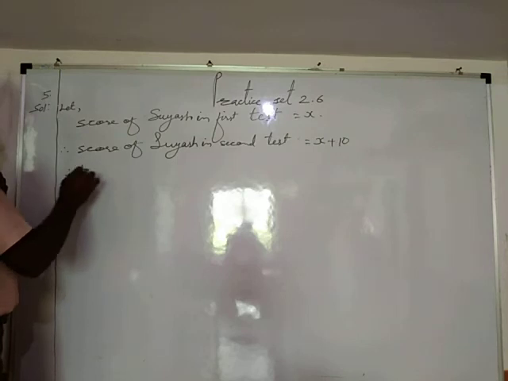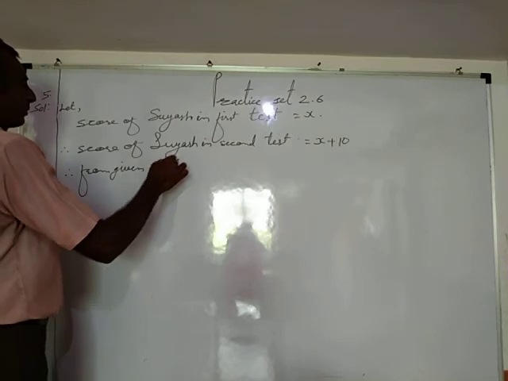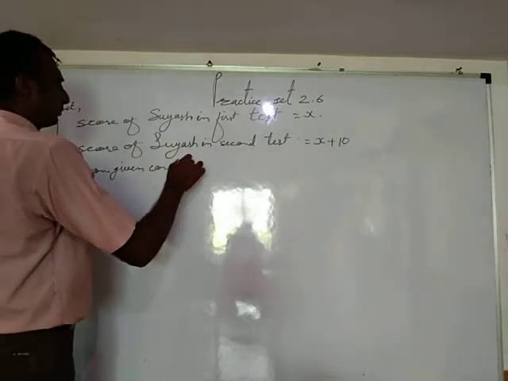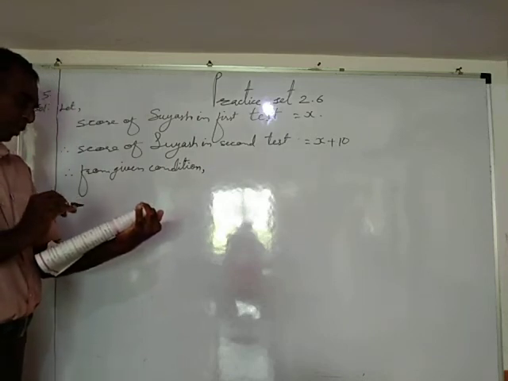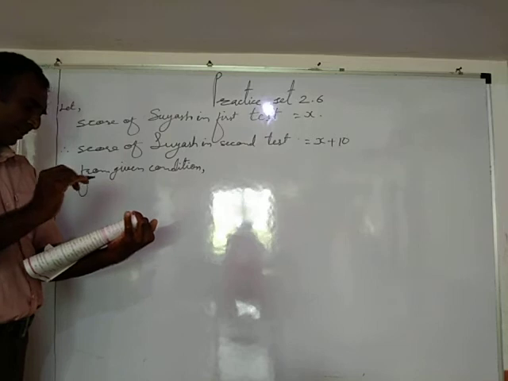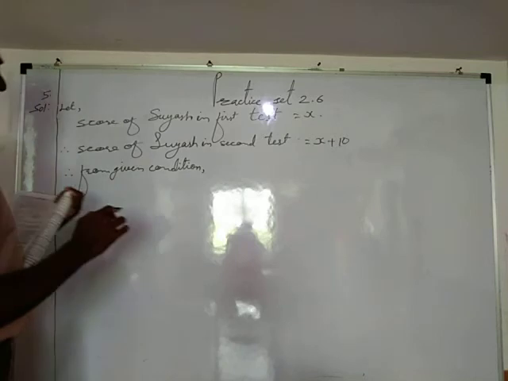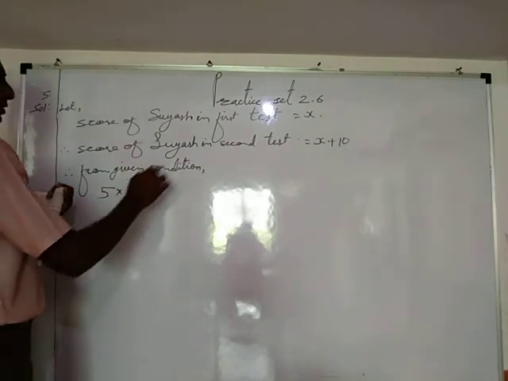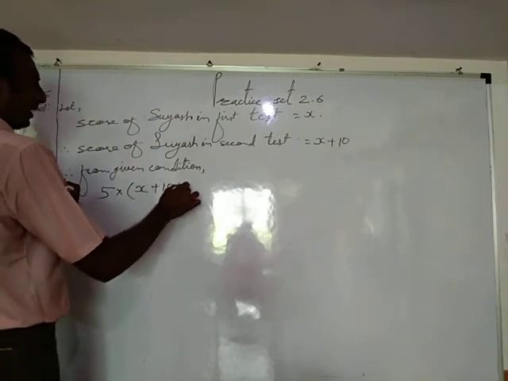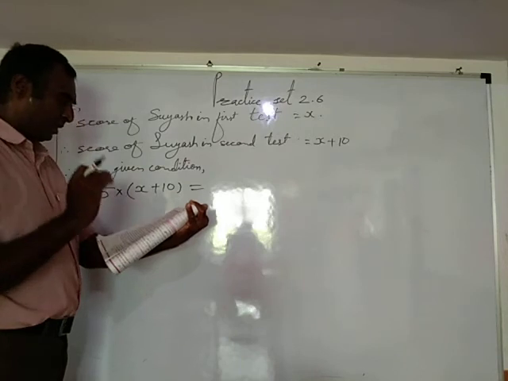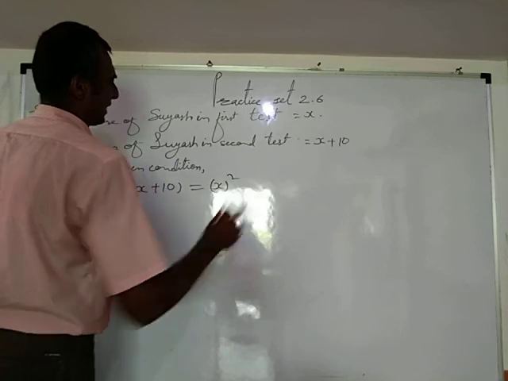And therefore from the given condition, what is the given condition? The given condition is that 5 times the score of the second test is the same as the square of the score in the first test. 5 times the score in the second test means 5 into x plus 10 is equal to the square of the score in the first test, meaning square of x.